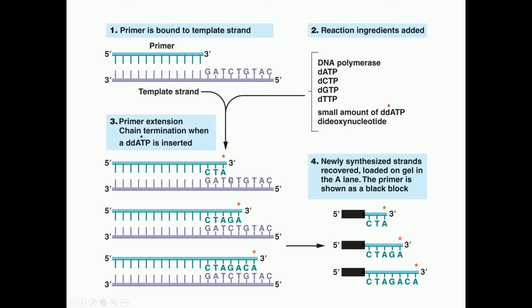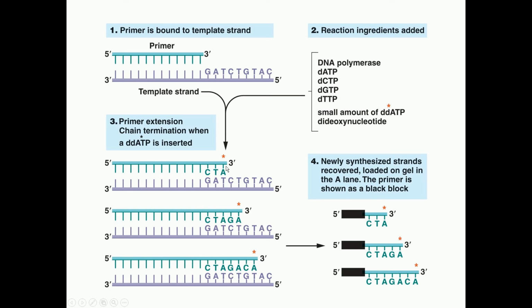There is a chance that when there is a T here, where A has to be attached, maybe it can come from here or maybe it can come from here. It's all random. Suppose this dideoxy ATP gets attached here.